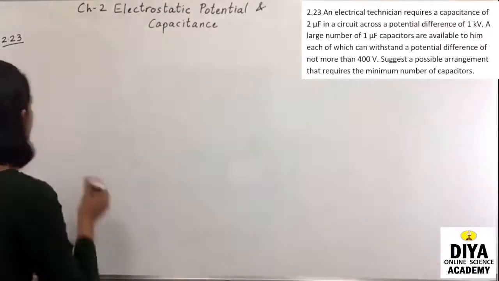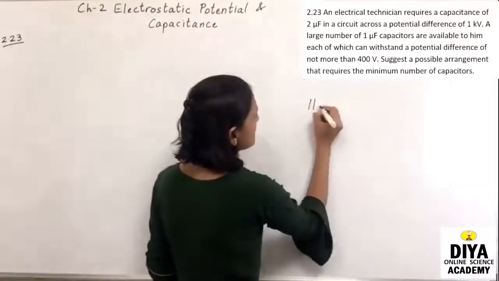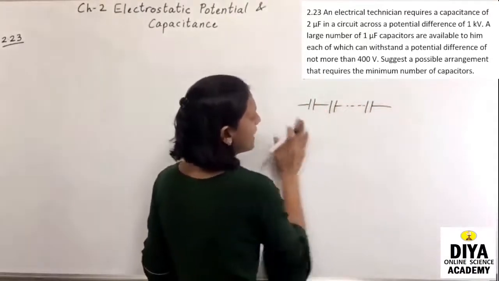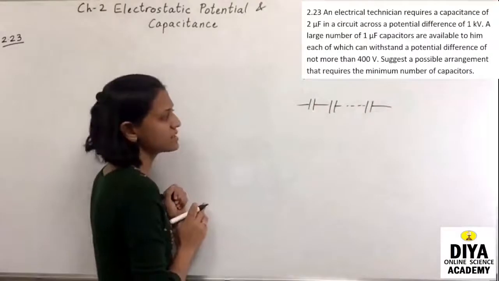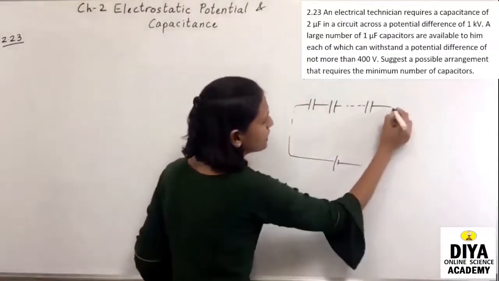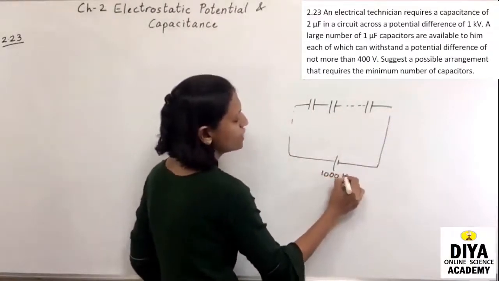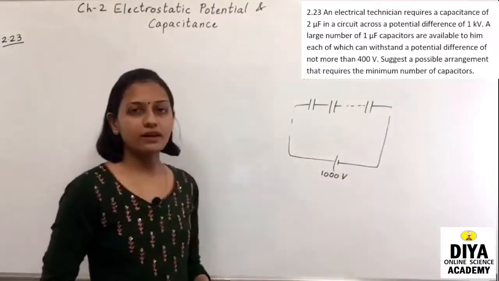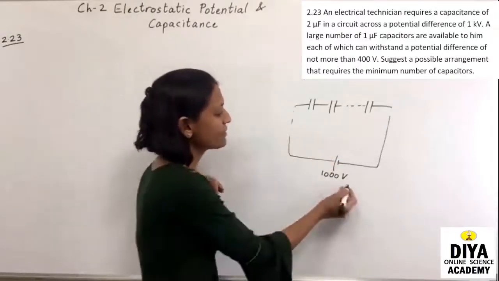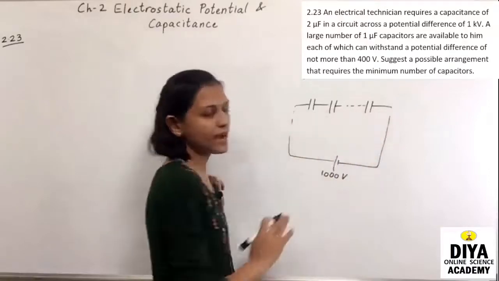Right? So here we will write that suppose we have some capacitors arranged in series. I don't know how many will be arranged in series, but suppose only this is the connection and 1000 volt, that means 1 kilovolt, is supplied across this connection, then this 1000 volt will get distributed among the number of capacitors.